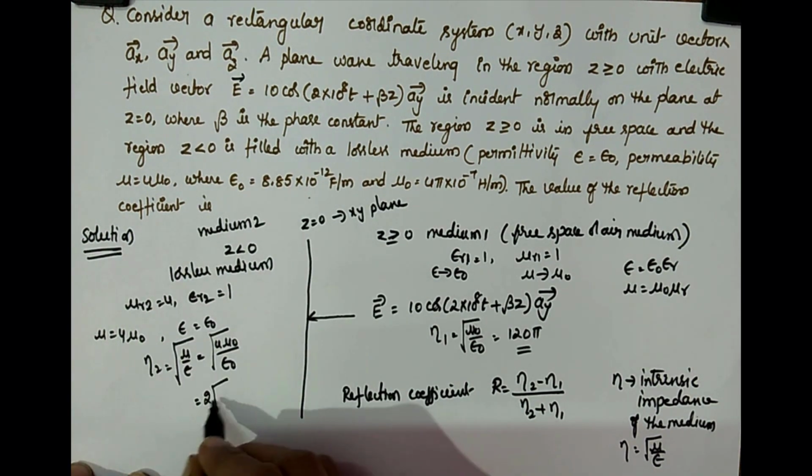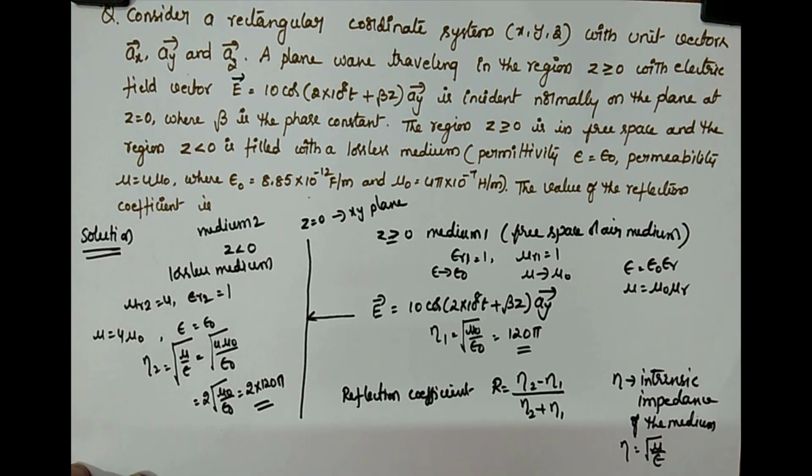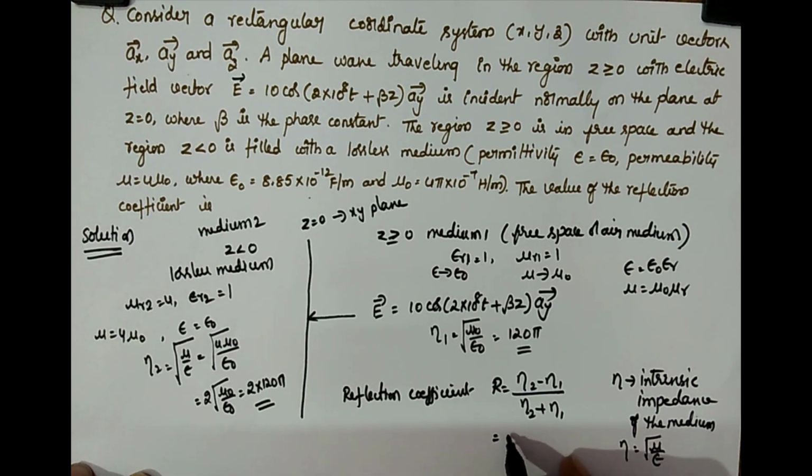So it is 2 times root of μ0/ε0, which is 2 into 120π, that is η2. Therefore the reflection coefficient is (η2 − η1)/(η2 + η1) = (240π − 120π)/(240π + 120π).